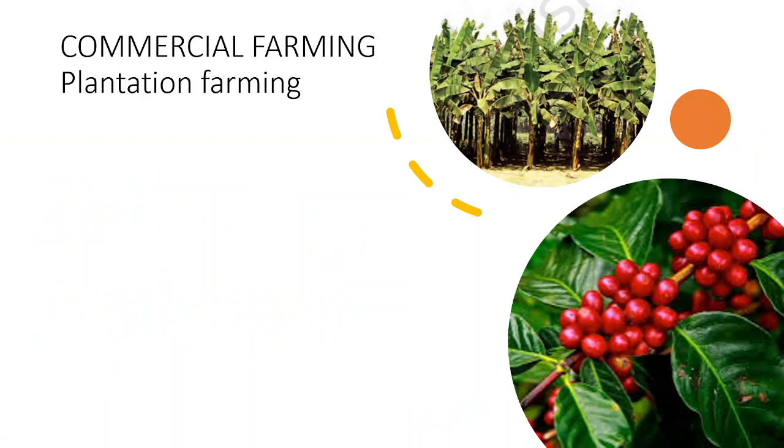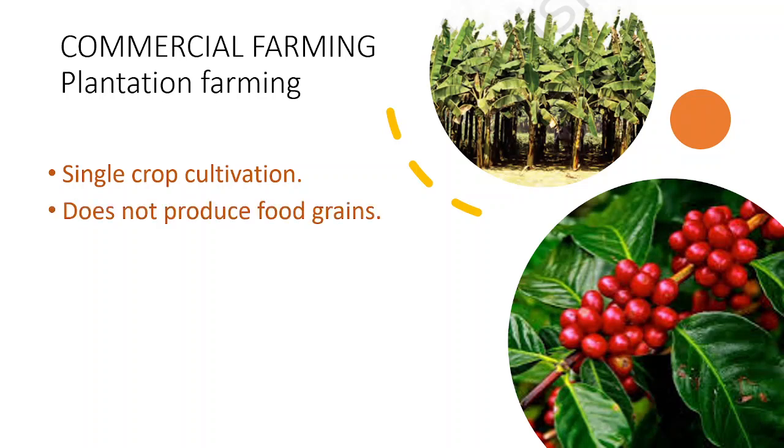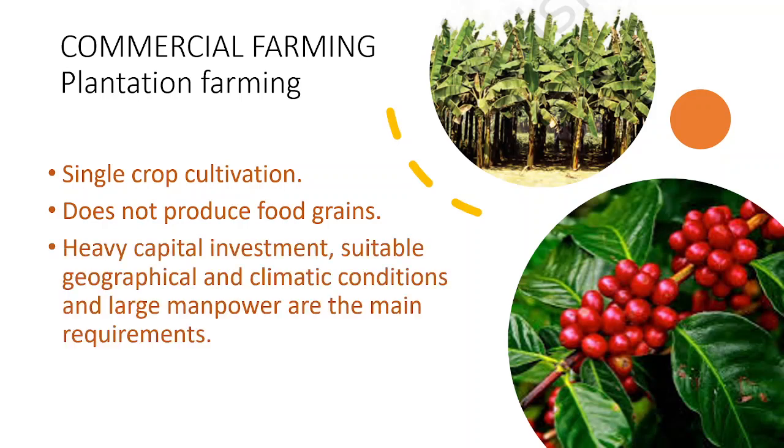The second type of commercial farming that we're talking about is the plantation farming. Here again, a single crop is grown here, but this does not include food grains. This type of farming does not grow food grains. Here again, heavy capital investment is required, lot of money is poured in so that the yield is higher. It needs suitable geographical and climatic conditions.